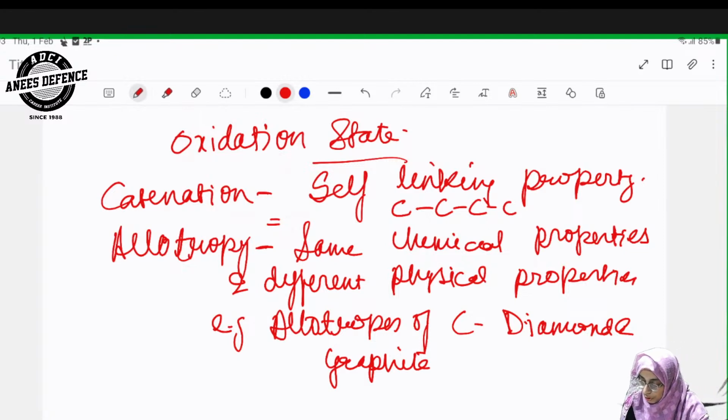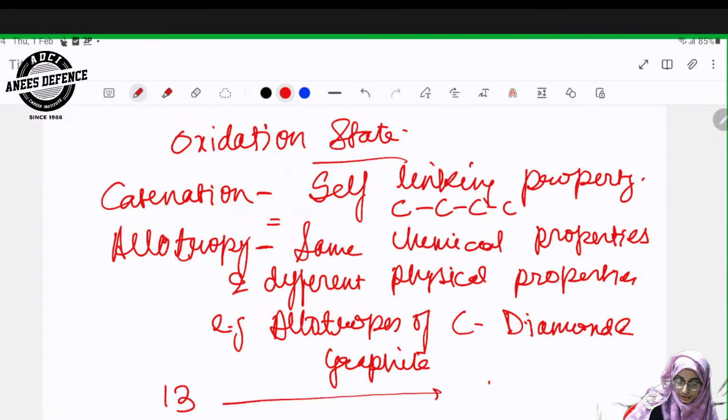There is a transition from reducing to oxidizing properties as we proceed from left to right, because we know that p block elements are the elements of group 13 to 18. They are known as the p block elements.